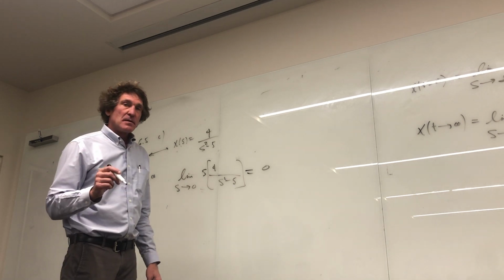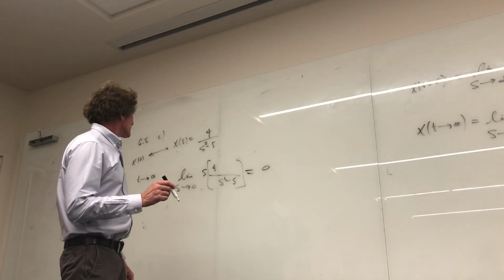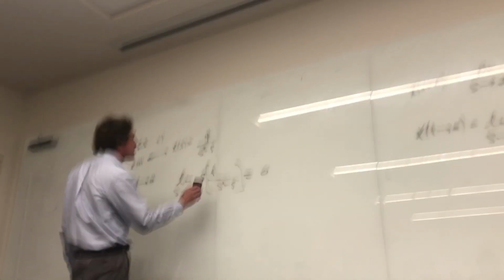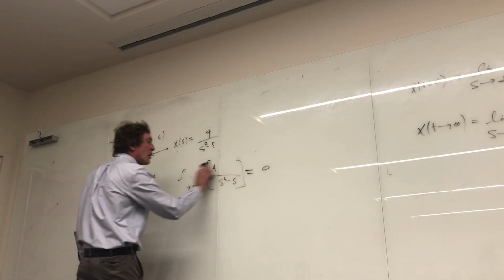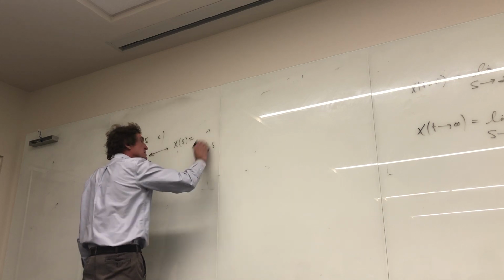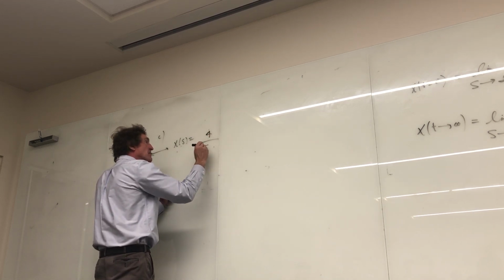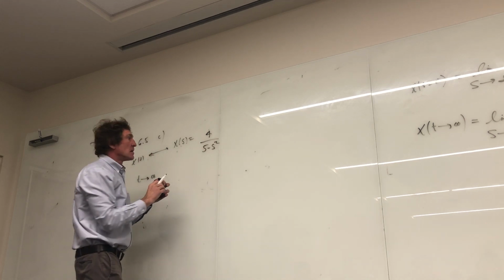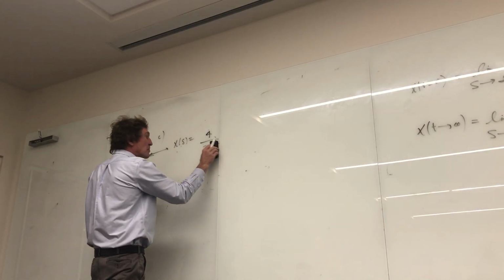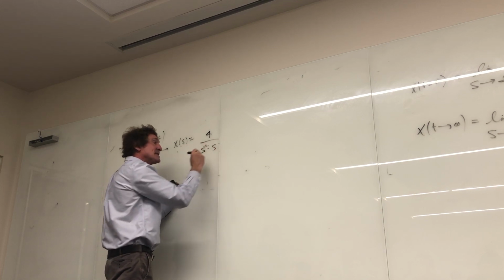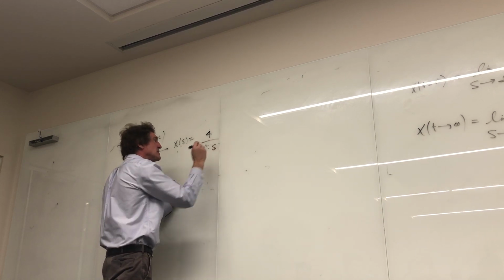I think you wrote the wrong problem. The 5 should be the s. Oh, this is supposed to be 4 over s squared minus s? No, the s squared minus s on the bottom. Oh. Is it s squared minus s? Yeah. Oh, well, that's completely different.